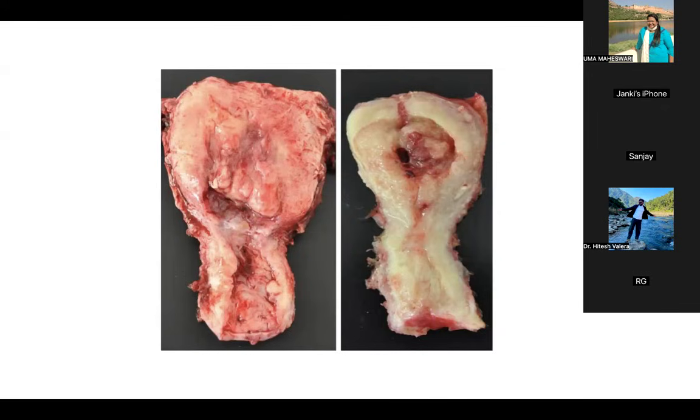Okay. So can you tell me what is the surgery for endometrial cancer? Sir, can you describe the surgery?